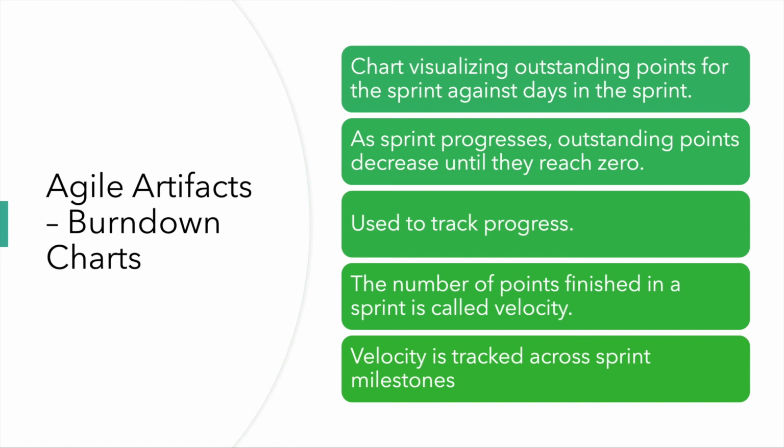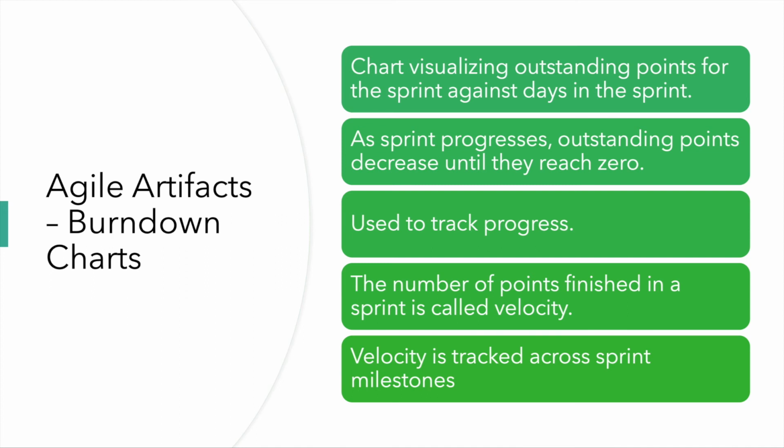A burndown chart is essentially a chart where points are tracked across a sprint milestone. Initially, when the sprint begins, say the sprint has 100 points, just for example, so it starts with 100 at the beginning of the sprint, with the x-axis being time, and as time progresses the 100 will keep reducing, and by the time the sprint ends it should essentially reach 0.